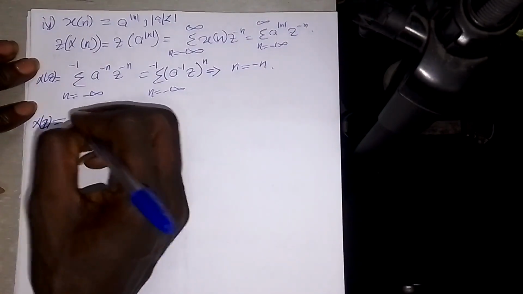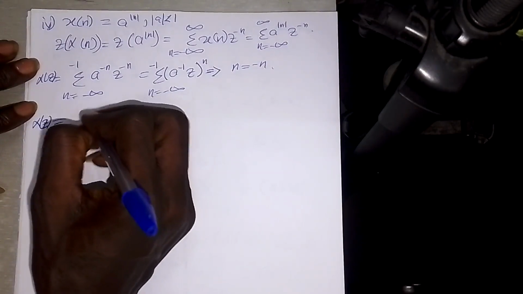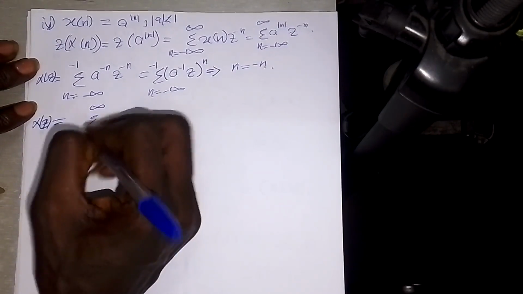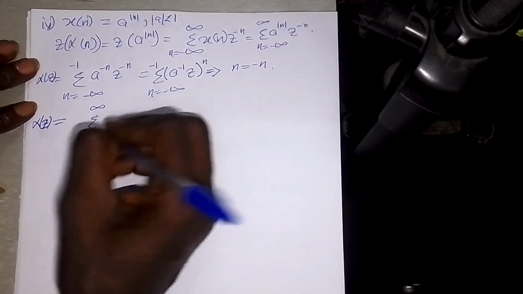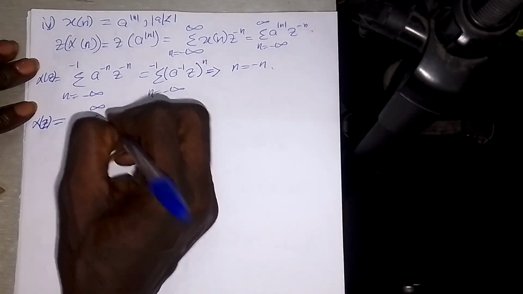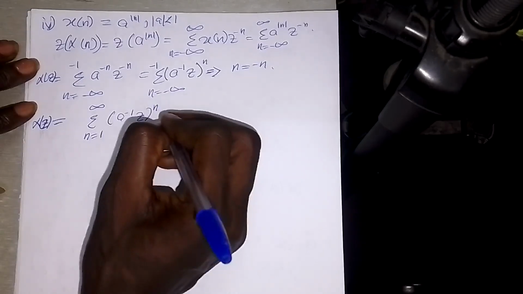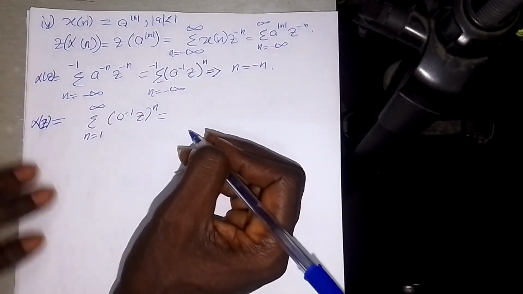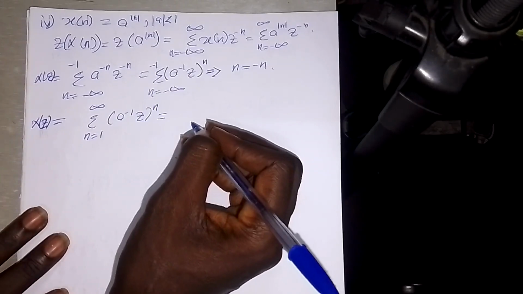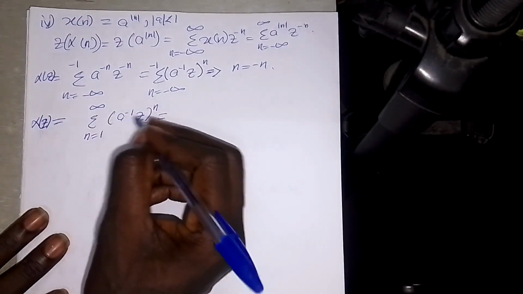Changing my limit here is going to give me the sum from n equals 1 to infinity of (a^-1 z)^n. If I do that, now I can insert my values.